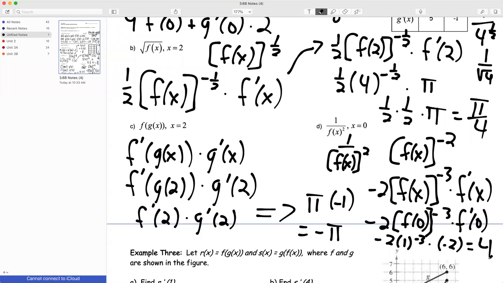So if I have a function f of x raised to the -4, I'm going to write that as 1 over f of x to the +4. So I move it to the denominator and I change the sign. If it's in the denominator, I can move it to the numerator and change the sign also.